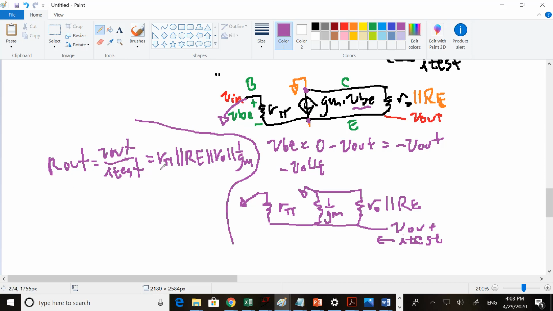Okay. R pi is very often something like 10K. RO is very often something like 100K. RE ideally is large, and for this problem it actually comes out pretty small, but if you approximate it as 1K, then all of these are over a kilo ohm.